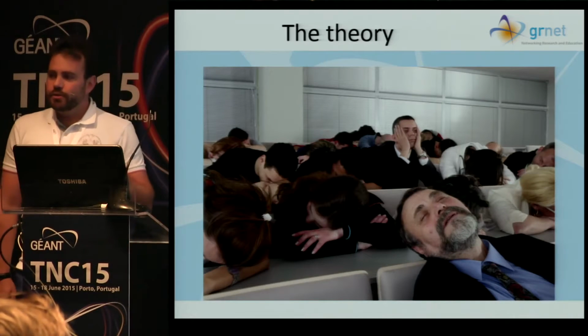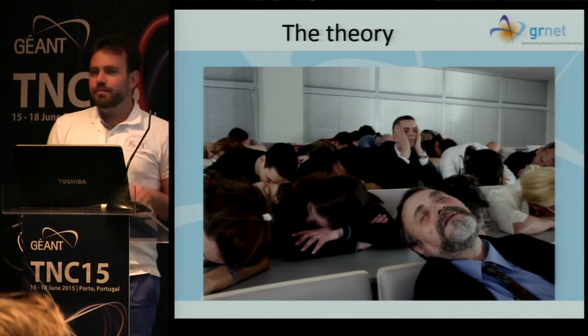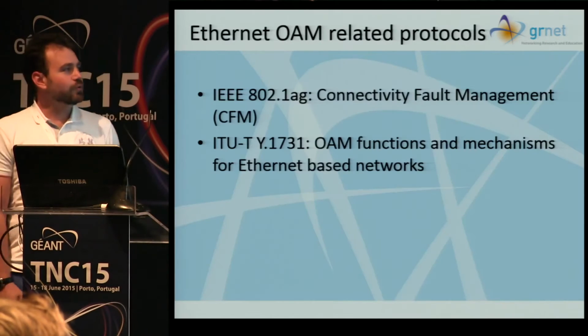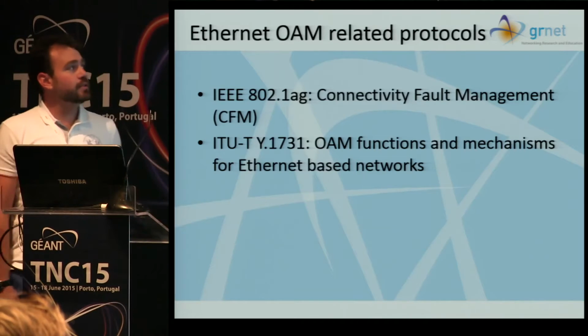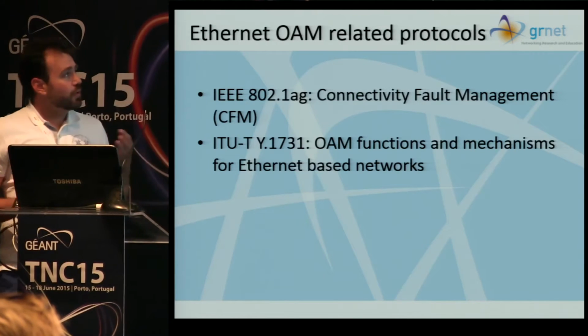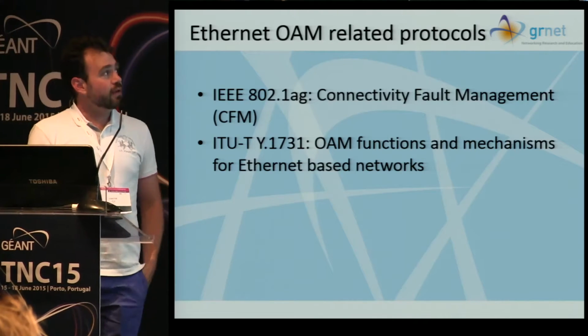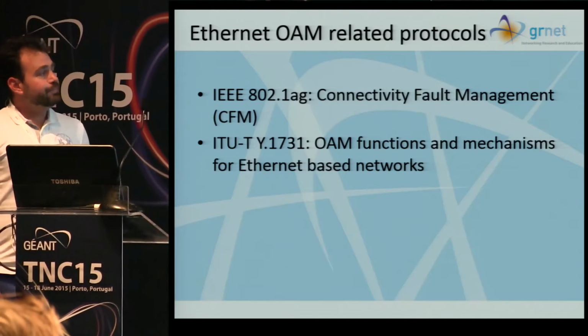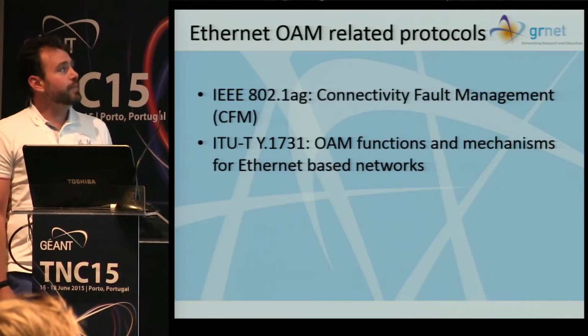Before I enter too much into details, there are a few slides about theory, about OAM, and I won't go too much into the details. There are 2 big umbrellas, 2 big families, if you wish. It is well known that ITU-T and IEEE are not working so efficiently together.